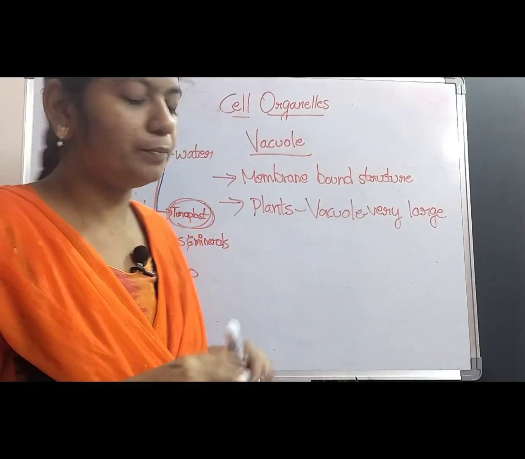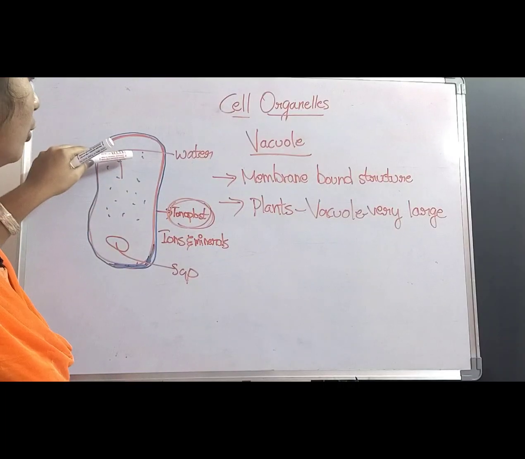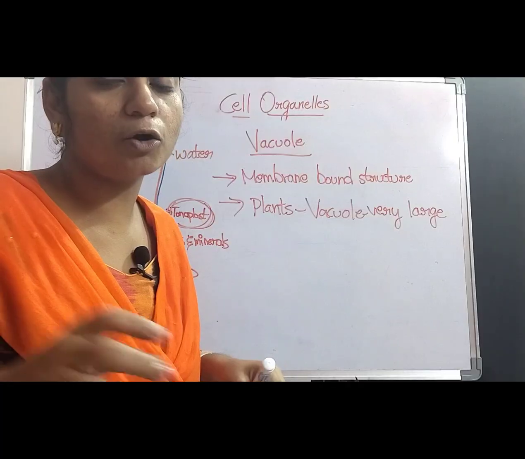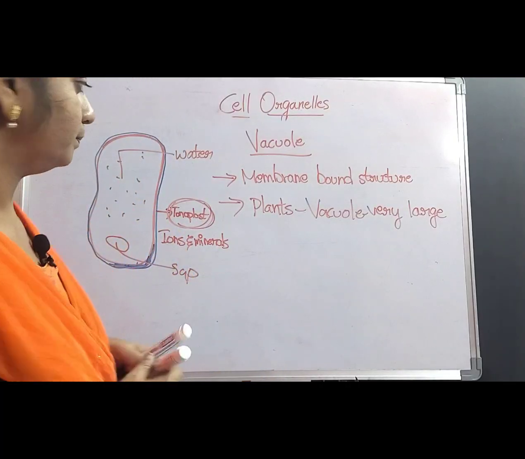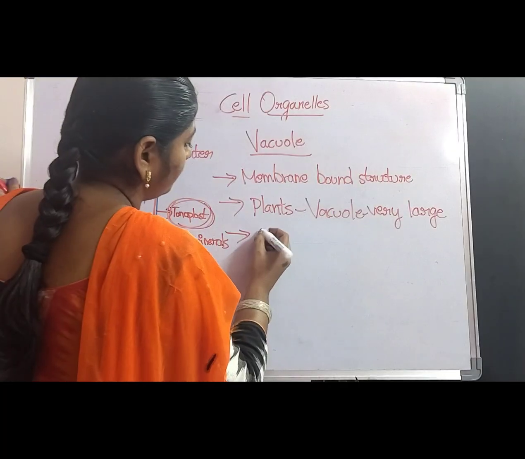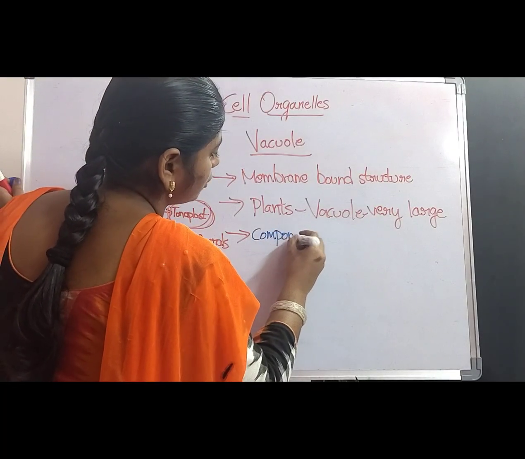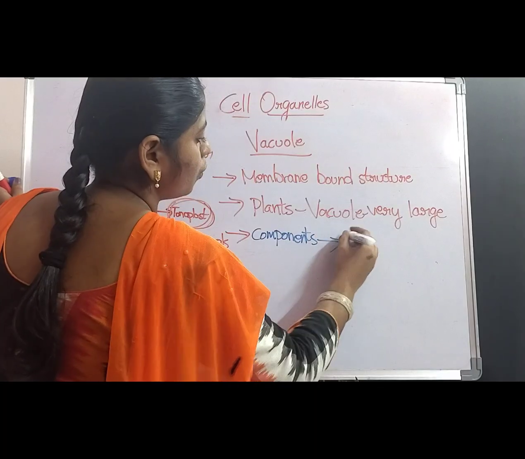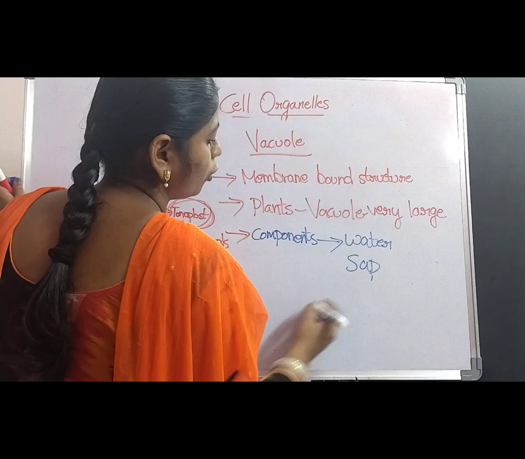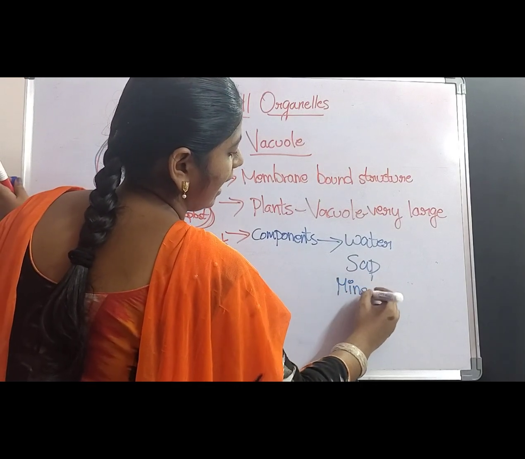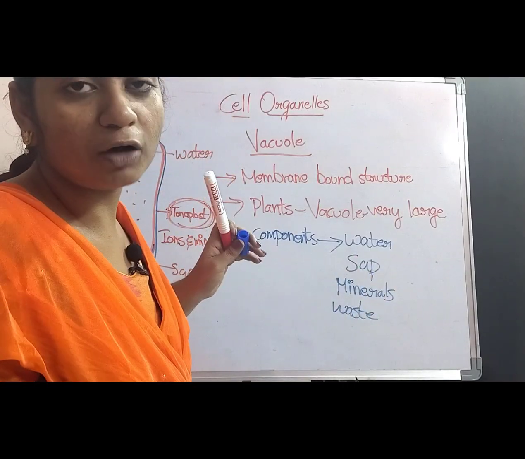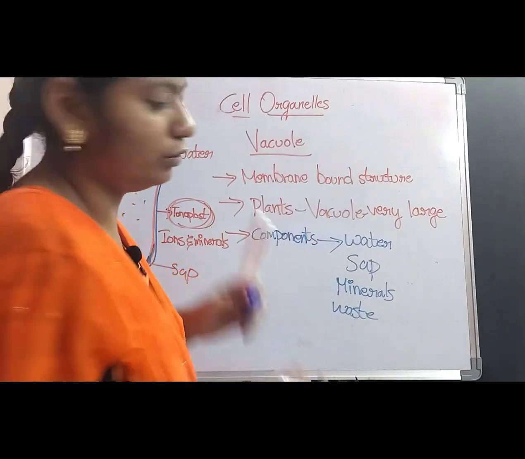So inside the vacuole there is water and also sap, and other dead materials are also stored in the vacuole. Components of the vacuole: water, sap, and also other minerals and waste materials which are not used by the eukaryotic cells get stored in the vacuole.